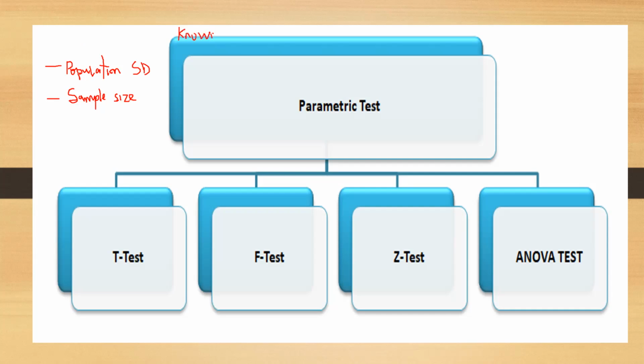Known, you use a z-test. But if unknown, if you don't know the population standard deviation, you use a t-test. That's your student t-test.